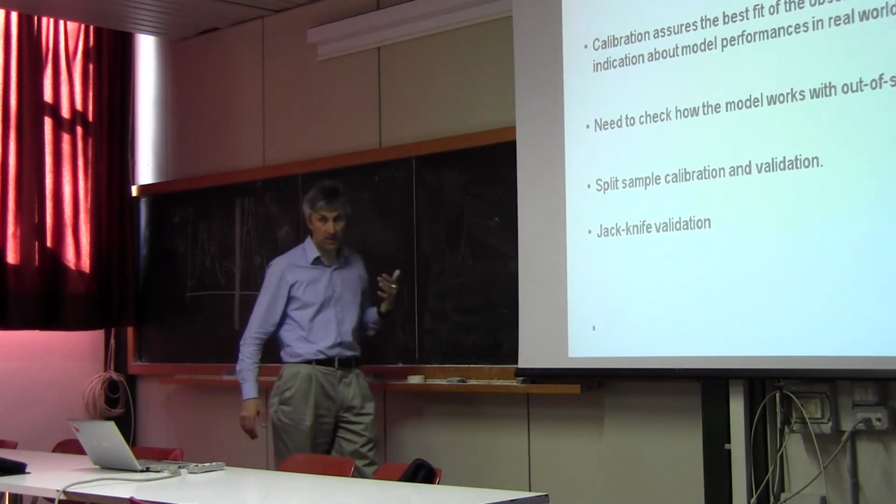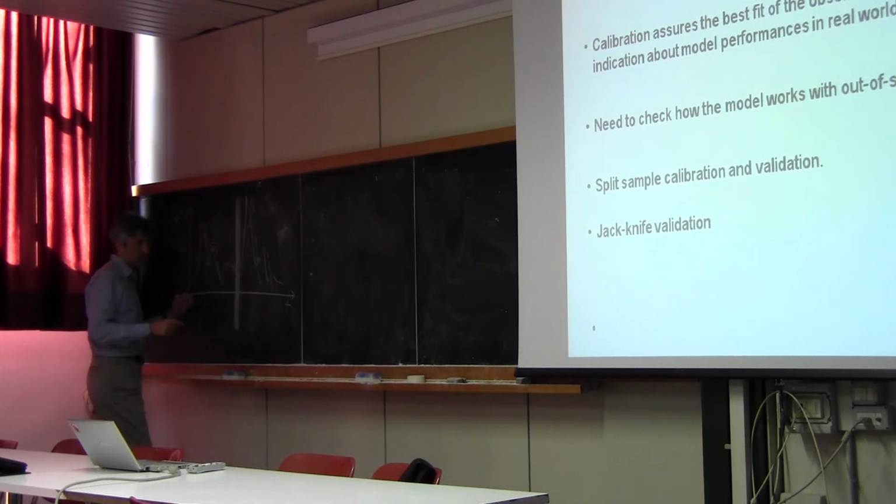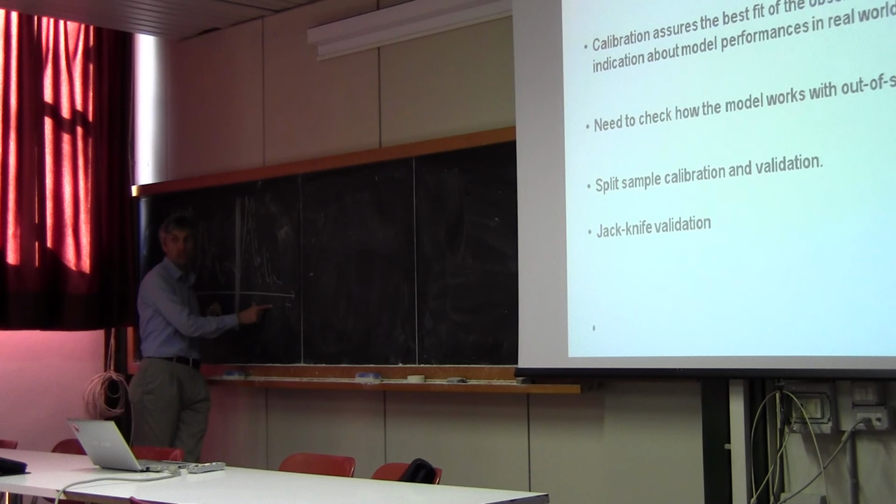This means that you are minimizing the amount of data that you reserve for validation, because you don't need a very long period. You need a period that is long enough, like 1 year, but because you change this 1 year period, at the end you obtain a validation that is 10 years long.